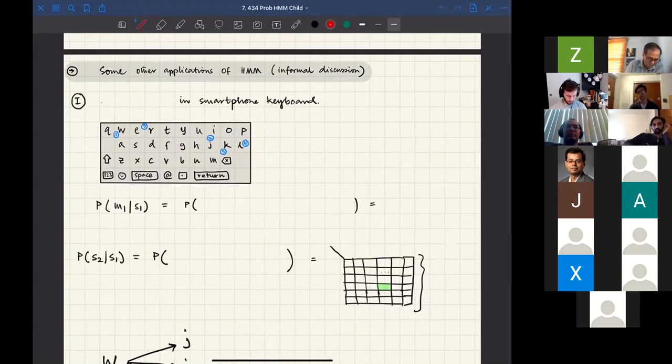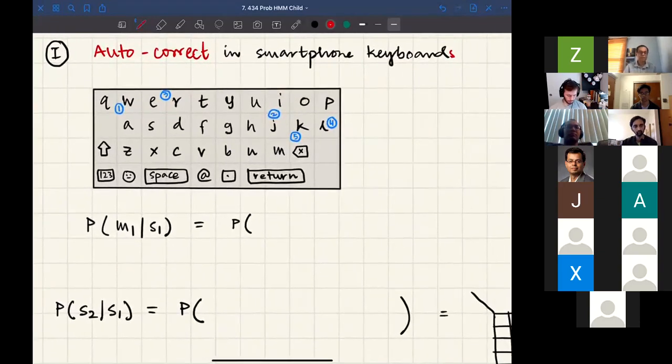So let's look at autocorrect in smartphone keyboards. Okay, so here is a smartphone keyboard, and you are the keyboard team's manager, and someone has typed, and the locations of where that person's finger has touched are given by these 1, 2, 3, 4, 5.